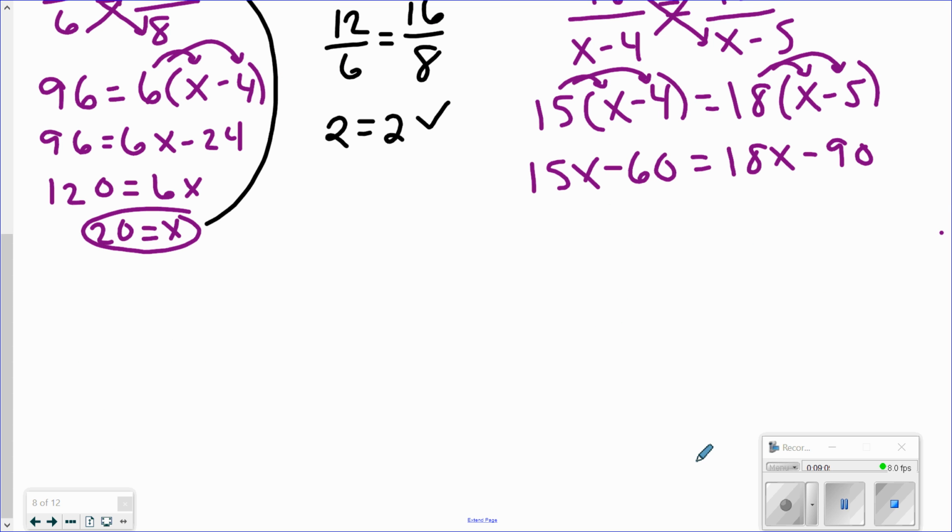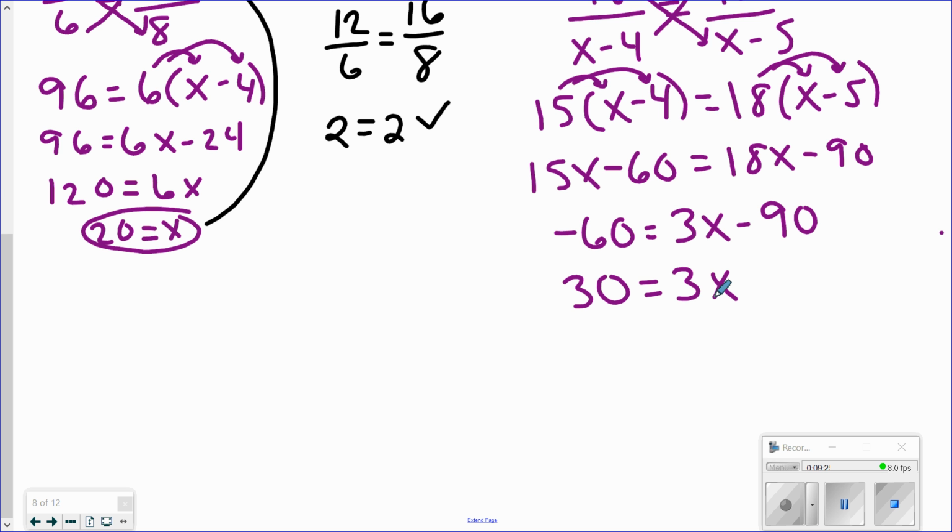All right, so if I subtract 15x from each side, I end up with negative 60 is equal to 3x minus 90. I need to add 90 to each side. That will give me 30 is equal to 3x. Divide each side by 3, and so 10 is equal to x.